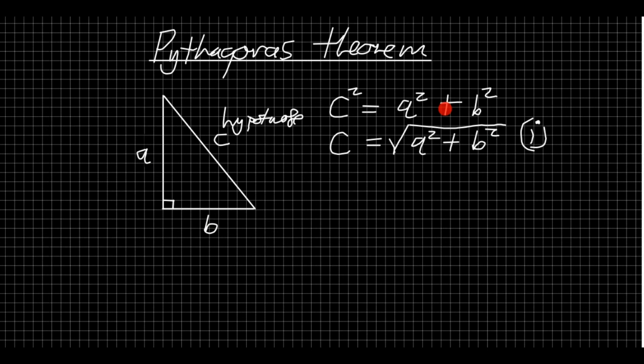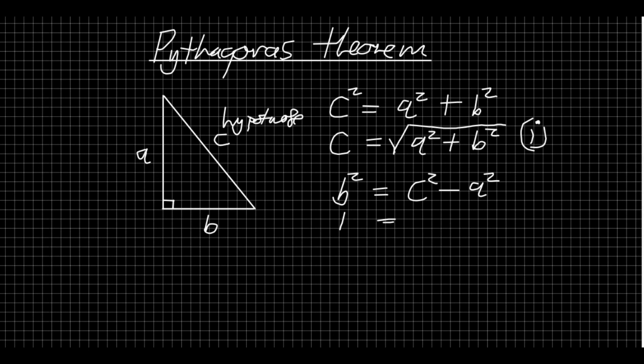But it's not only the time you're going to find side C. We are also going to find side B. So how do you find side B? Let's simplify the equation. Side B squared is equal to side C squared minus side A squared.